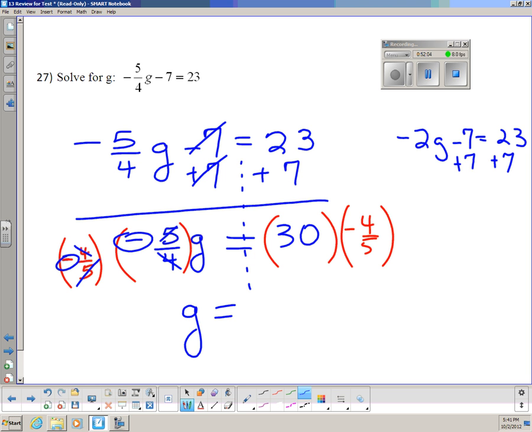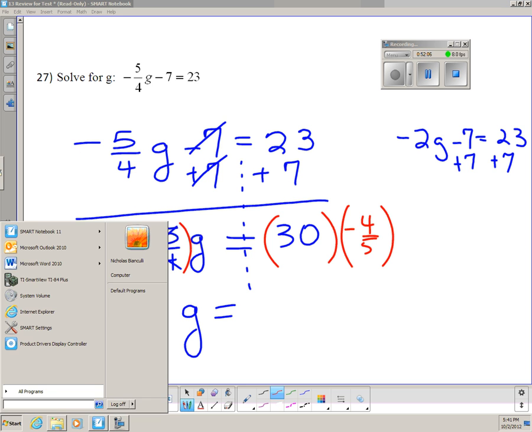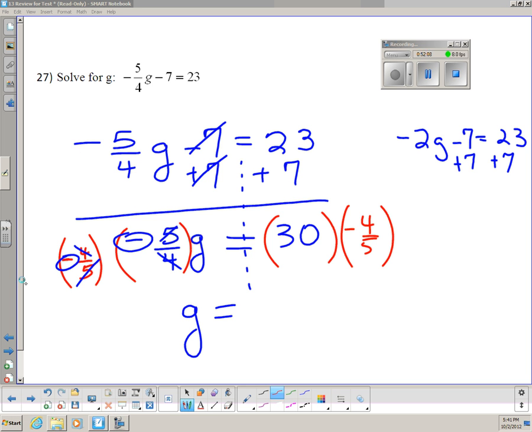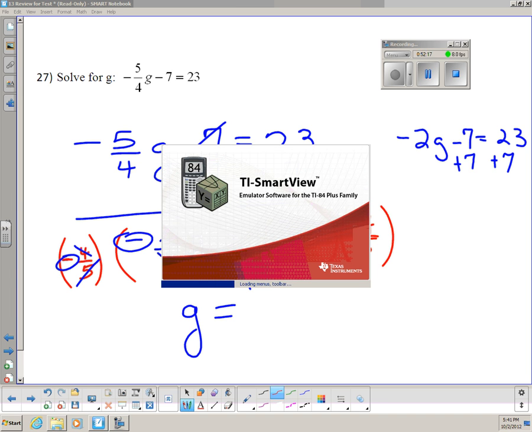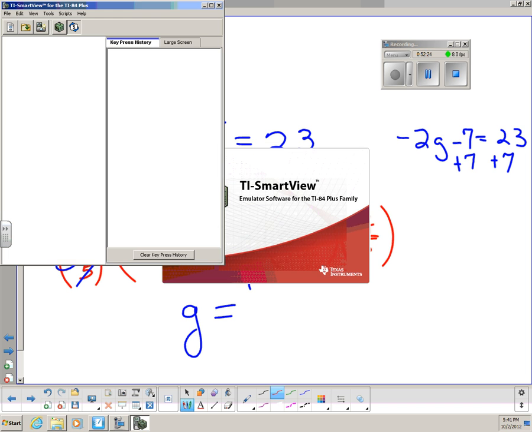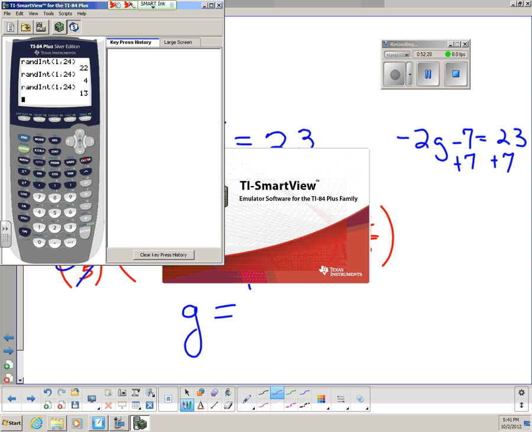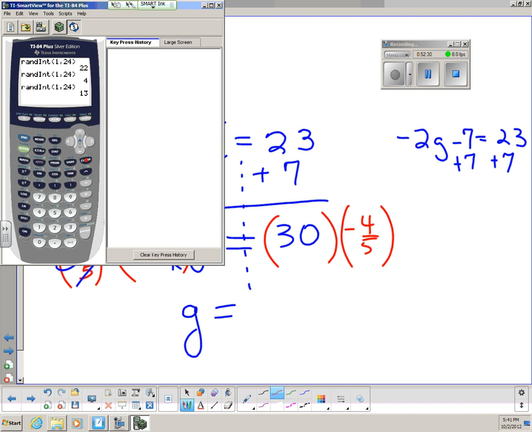G is now by itself. 30 times negative 4 over 5. Let me pull up the calculator, and I will show you how to do this on the calculator in case you forgot. Whoops, let me X that out.